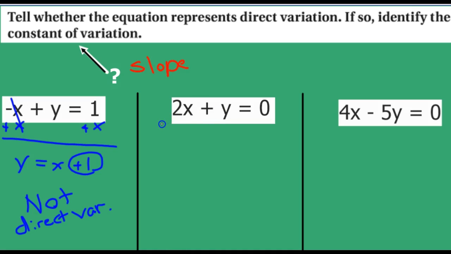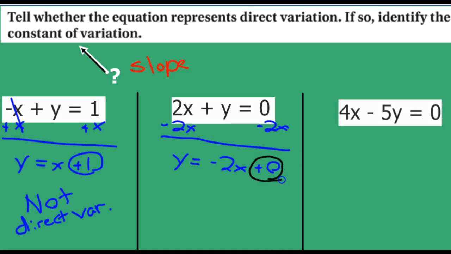Here we're going to move our 2x over by subtracting because it's positive. We get y equals negative 2x plus 0. Now this one, it looks like we have a y-intercept, but because this is 0, that means there's nothing there.